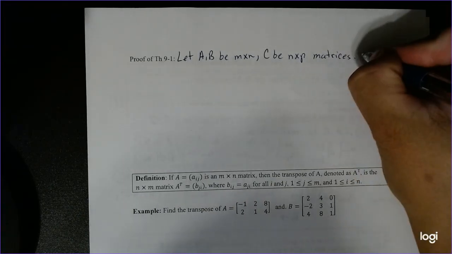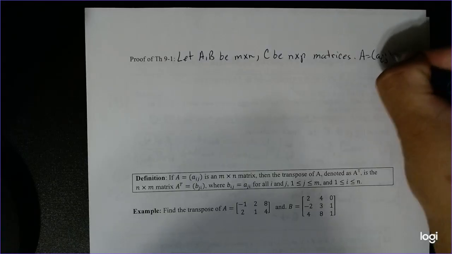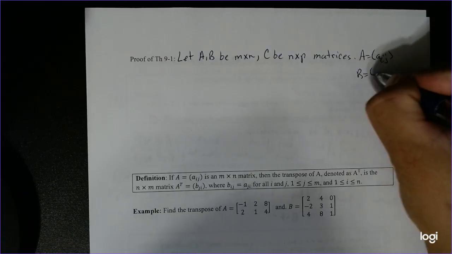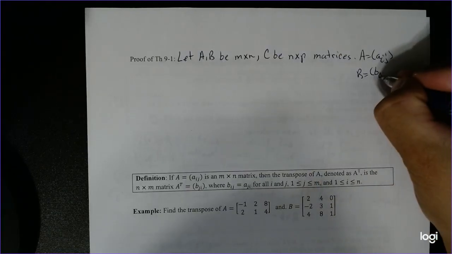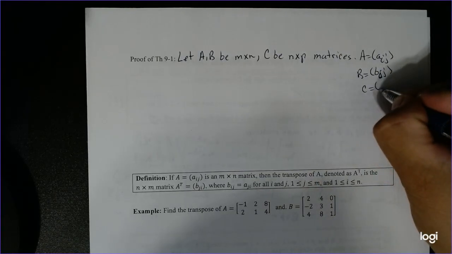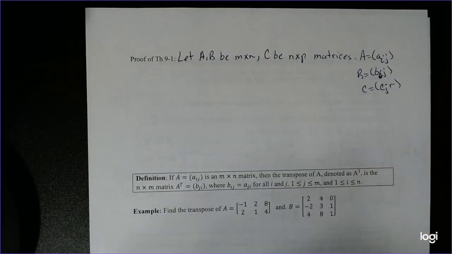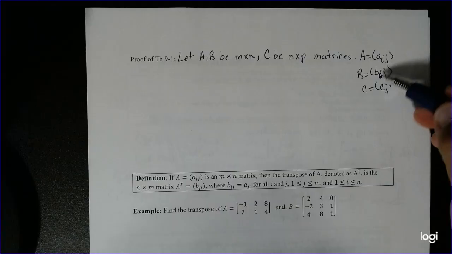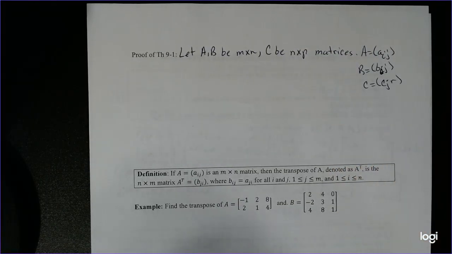And then the same thing, we'll let A equal A_ij, and let B equal B_ij, and they're both M by N, and then let C equal C_jr. All right, so these are the same because they're both the same matrix size. So it's going to be the same entries in both categories we're talking about.